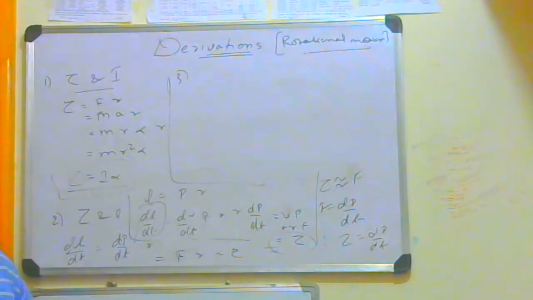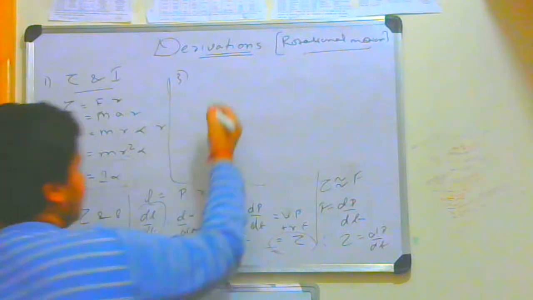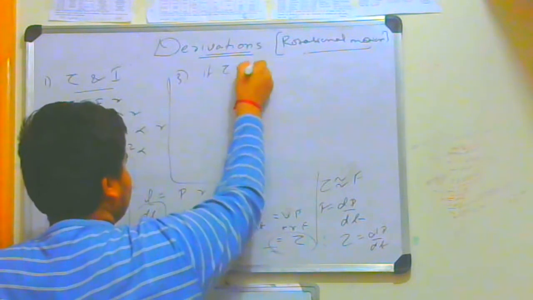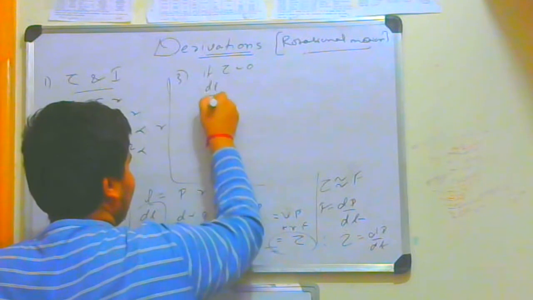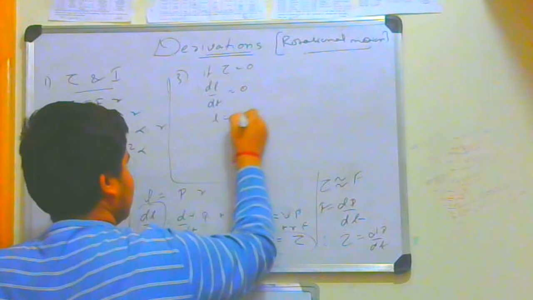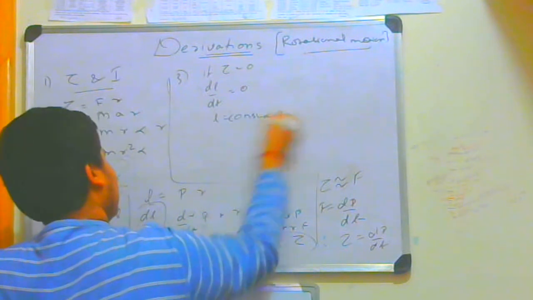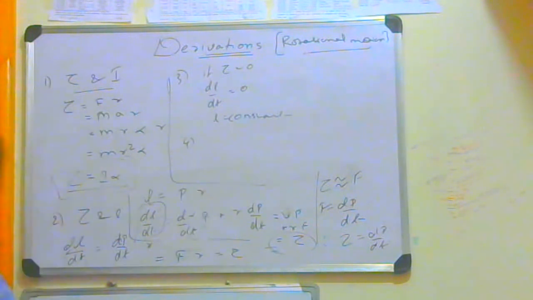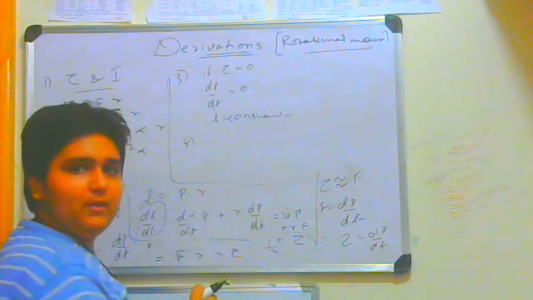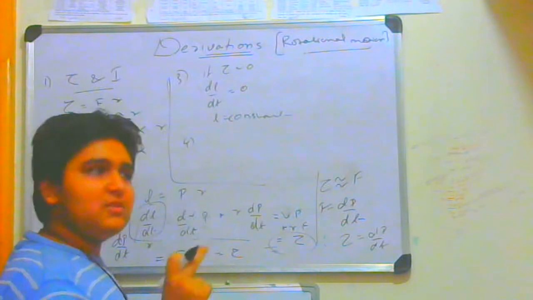Let's see the third derivation now. Write conservation of tau and conservation of L first. Conservation of L means if tau equals 0, then dL by dt equals 0, so L is constant. This is conservation of L. Next, translational equilibrium. Translational equilibrium means there is no rotational equilibrium, there is translational equilibrium.